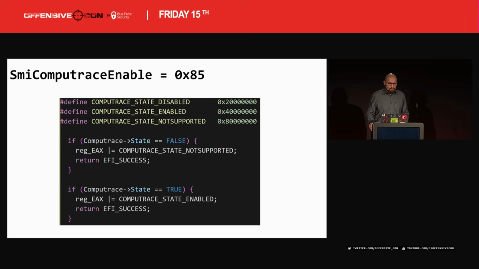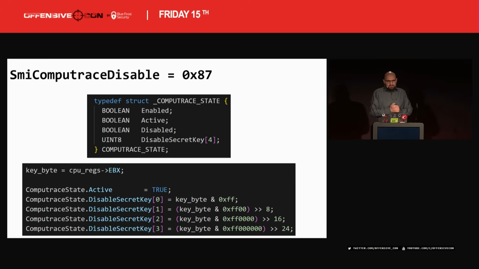So basically, it's the values called compute trace enable, and then you can switch the state between false and true. It's really two ifs and nothing else. It first checks whether the compute trace state is supported, then changes the configuration.